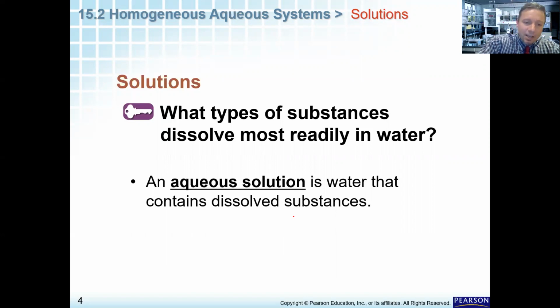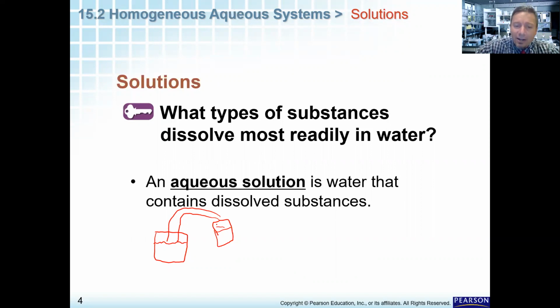Hopefully you remember that I had a beaker with some distilled water, deionized water, and I took the little electrode and inserted the wires into the water and nothing happened. There was no current flow at all through that distilled water.